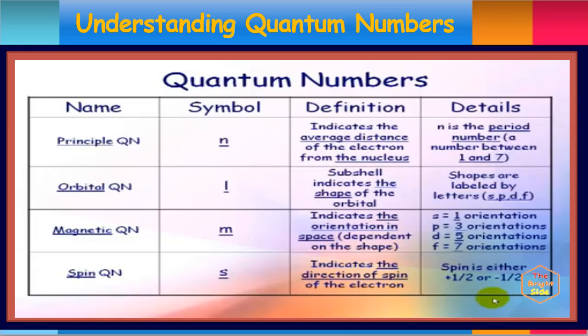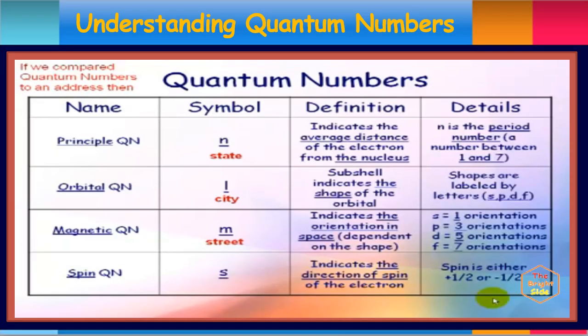What's interesting about the quantum numbers is that we can compare them to an address. So we can look at them as being the address of an electron. If you think about the principal quantum number, N, as being the state, we all live in the state of Michigan. So that's a general region where we live. Then letter L, or the orbital quantum number, kind of focuses in on a specific city.